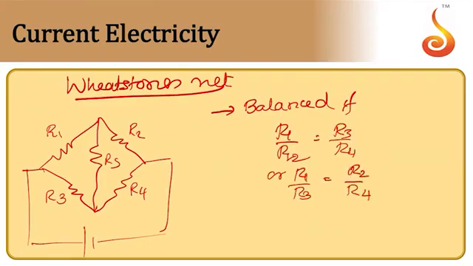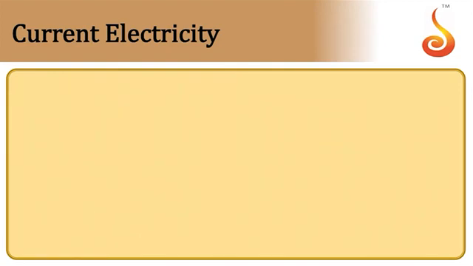That means if the adjacent resistances are in the same ratio, we say it is a balanced network. If it is a balanced network, then the central resistor R5 is as good as absent. So it has no role to play, which means that that resistor can be dropped from all our calculations.